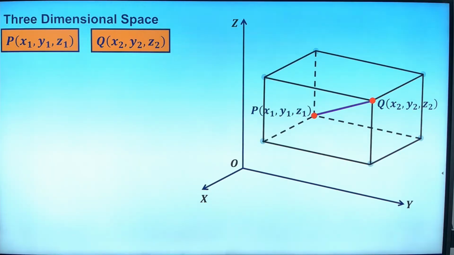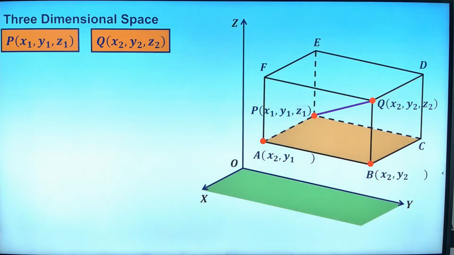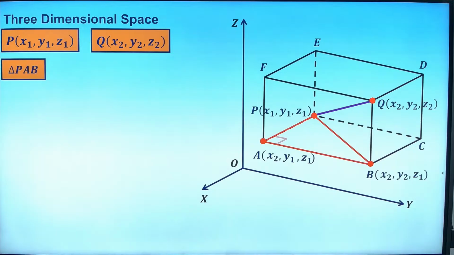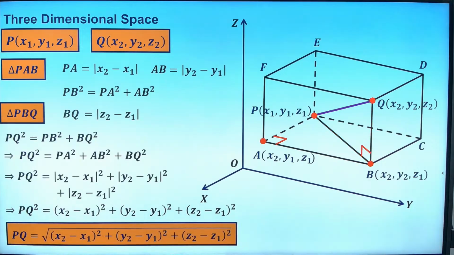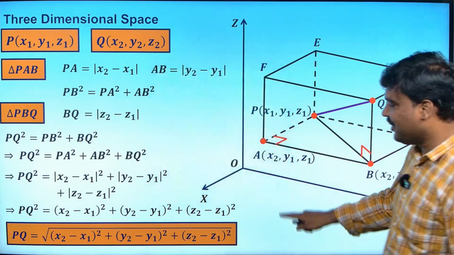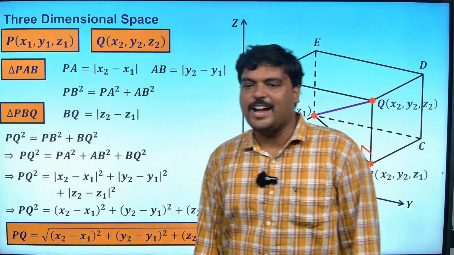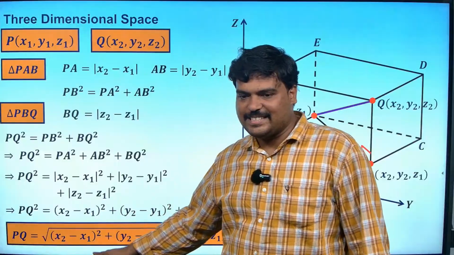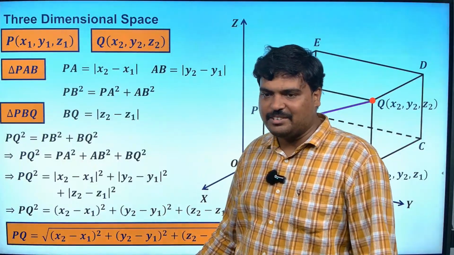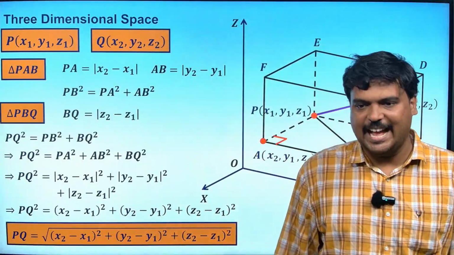Right? Remember, the distance between 2 points in a 3D structure is nothing but square root of x2 minus x1 the whole square, y2 minus y1 the whole square, z2 minus z1 the whole square.